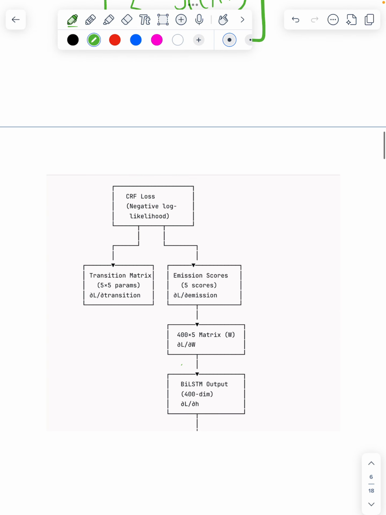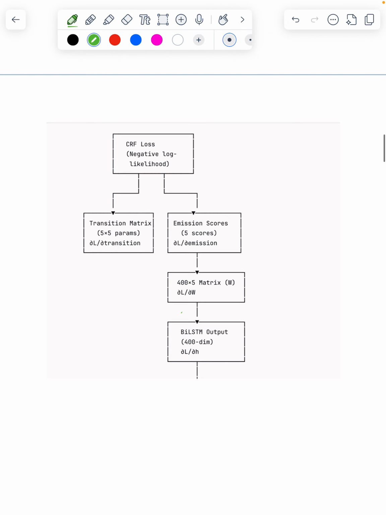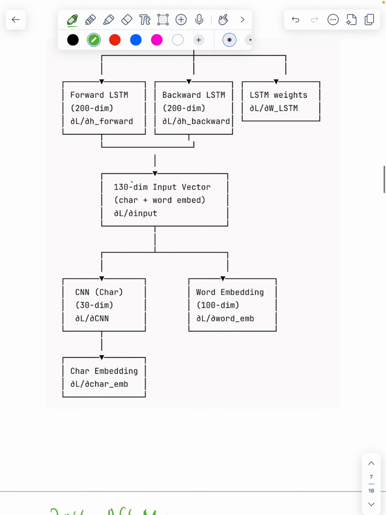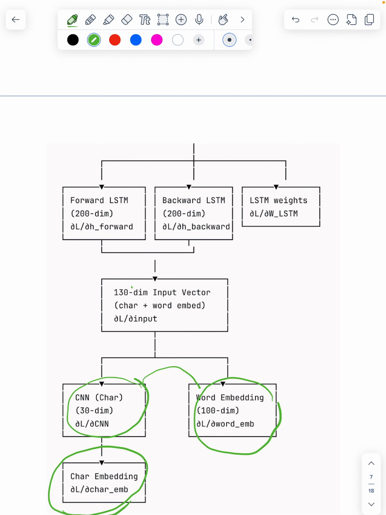So here, I asked Claude to generate the backpropagation idea. How this works is character level embedding, and then we have the CNN for the character level embedding. Word embedding would be here, and these two will be concatenated to generate a 130 dimensional input vector.